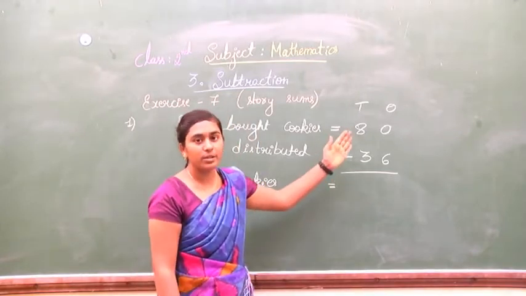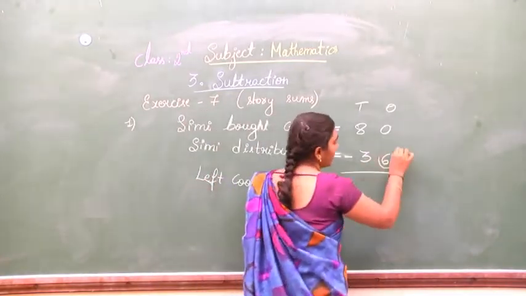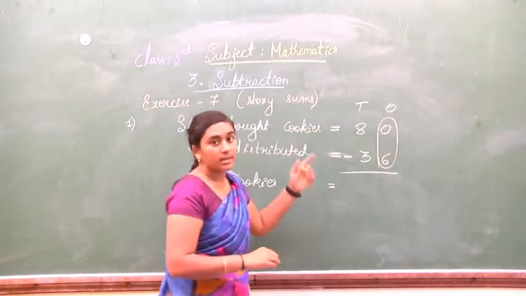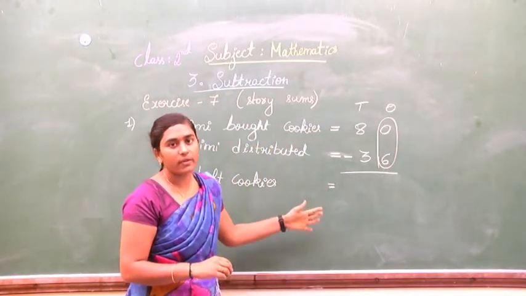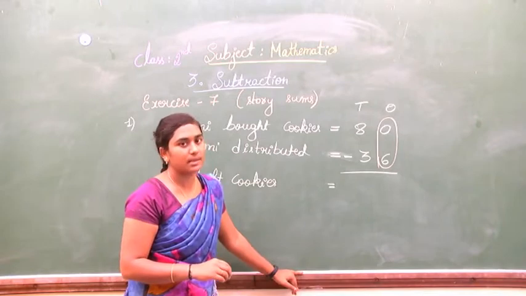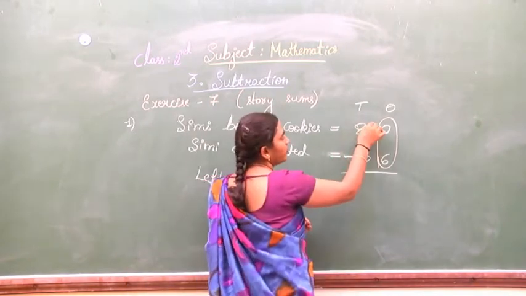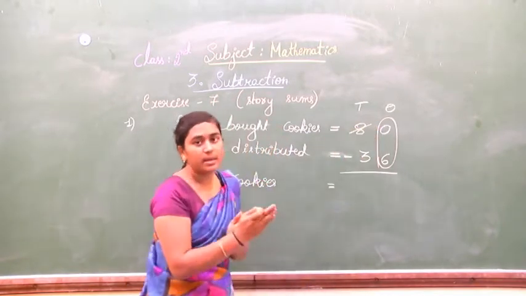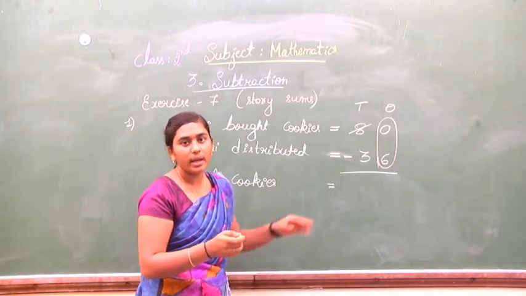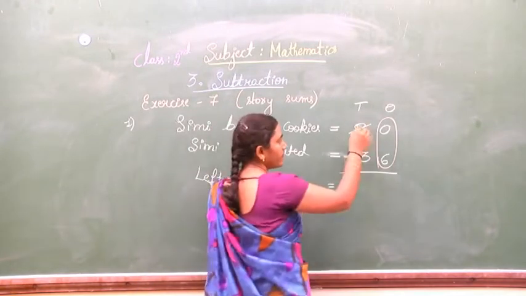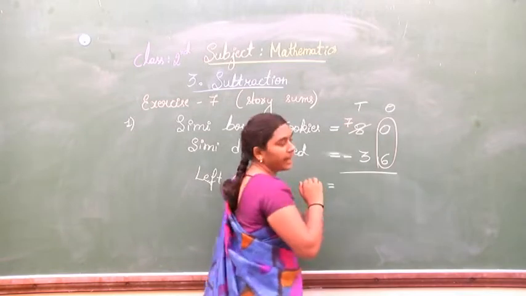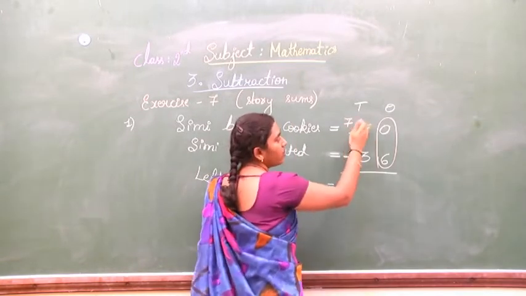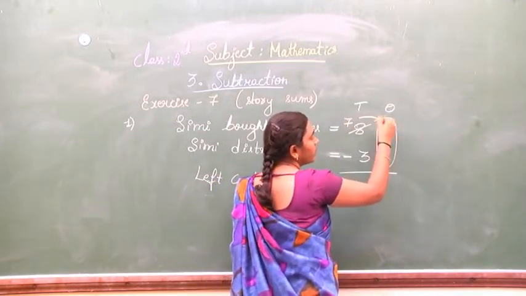Subtract it. First you need to start with the ones place number, that is 0 minus 6. From 0 you cannot subtract 6, right? So take the regrouping. 8 becomes 7, and that 1 you need to add to the ones place.